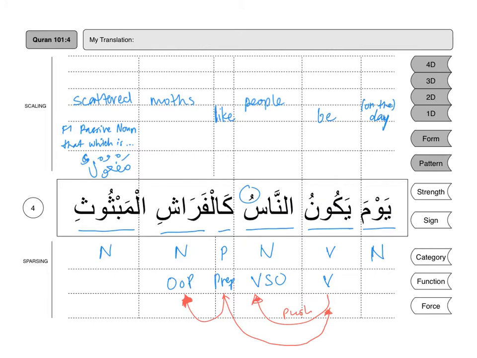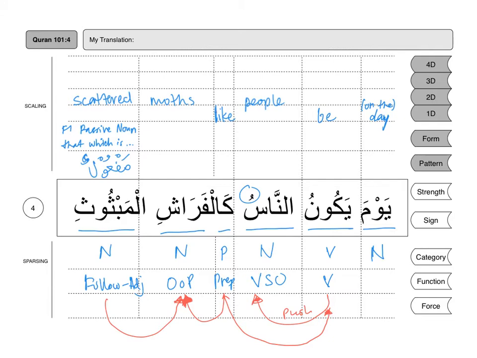And then you have al-farashi, al-mabthuthi, so it's a follower, right? Because of the alignment, it's a follower adjective, and therefore the arrow goes back to al-farash, and you have that complete connection there.